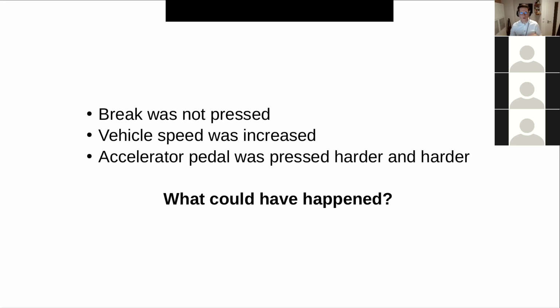What you would expect from your personal experience is that you try to brake as soon as possible and as hard as possible. But we can see right here something completely different. The information from the accelerator pedal and the vehicle speed is something we would expect in a complete opposite situation. We would expect that the brake was pressed harder and harder because we want to stop the vehicle.